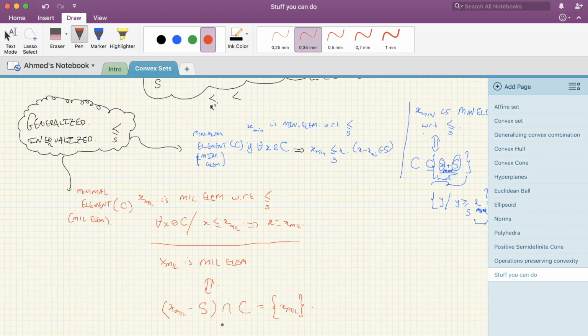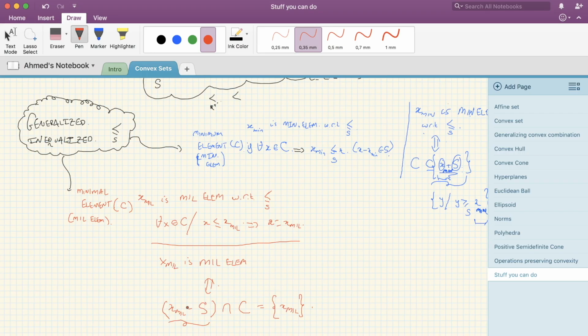So what does that mean? Similarly, when we said x_min plus S is all points that are greater than x_min in the generalized inequality sense with respect to the proper cone S, x_mil minus S is also a set of points which are less than or equal to x_mil.